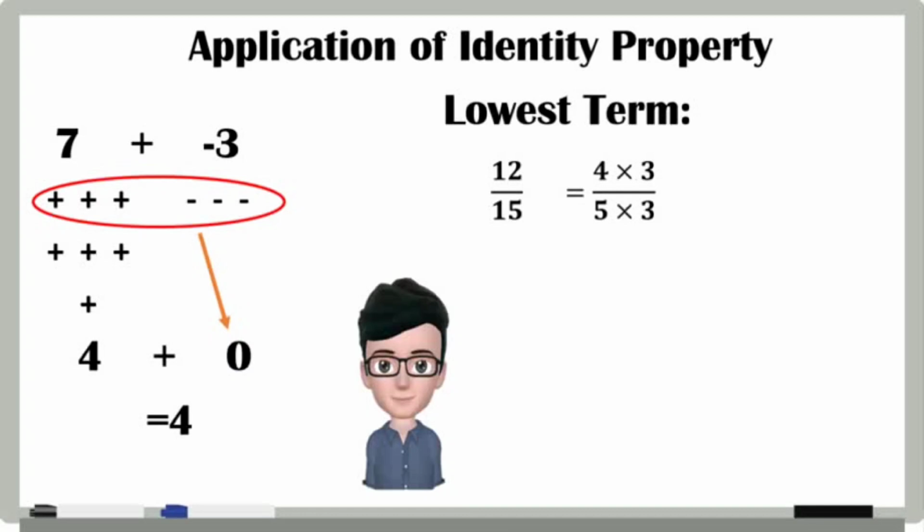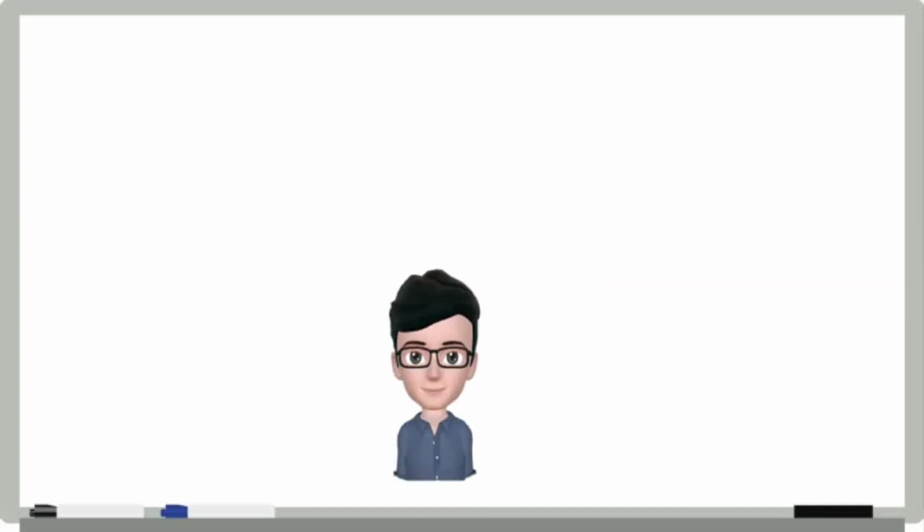So, 12 is equal to 4 times 3, 15 is equal to 5 times 3. And we all know that 3 over 3 is just equal to 1. Therefore, 12 over 15 is equal to 4 over 5 times 1. But since identity property says that any number times 1 will not change the number itself, we can say that 12 over 15 is just equal to 4 over 5.